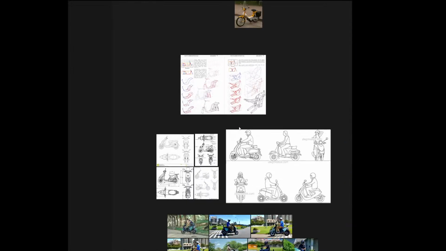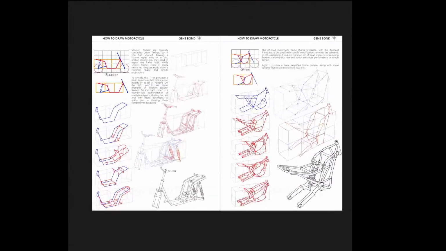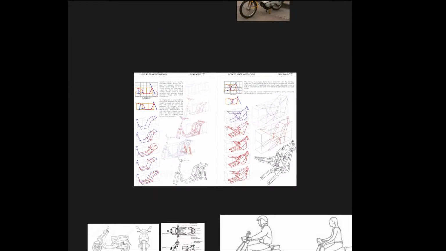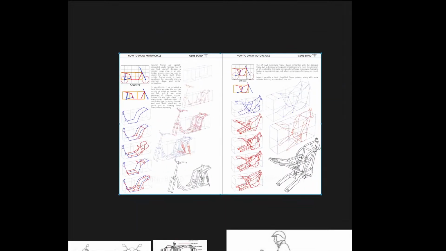Also I have some material I post on my Patreon, about scooter frames, about scooter proportions, from my book. I'm making a book about how to draw motorcycles. There I'm talking about different types of motorcycles. It's almost like an encyclopedia.